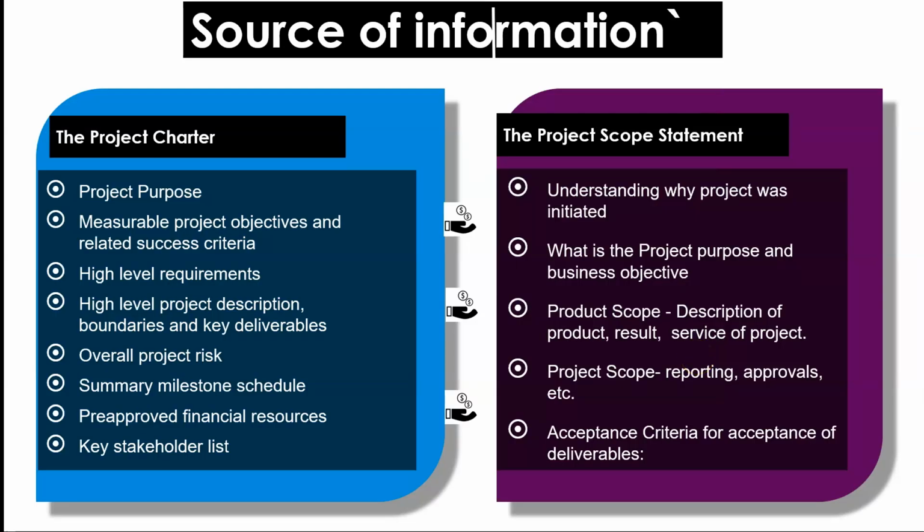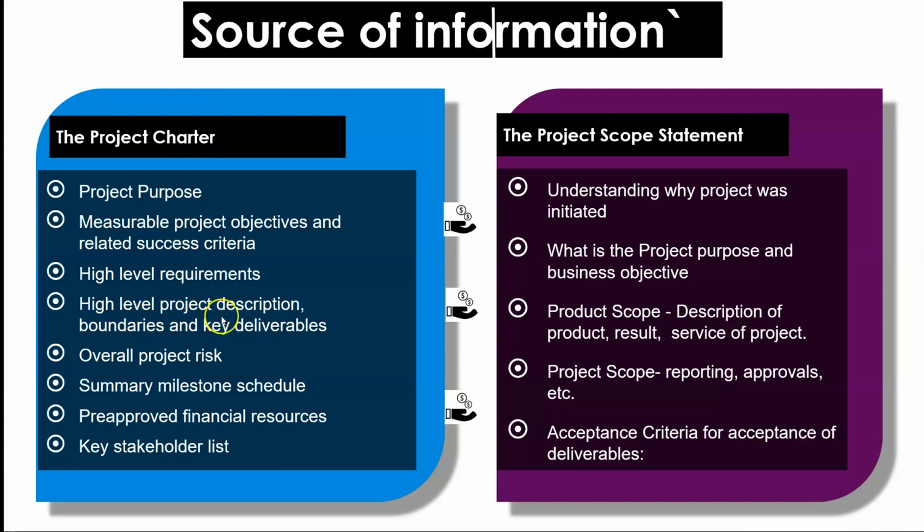So I thought it would be useful to put the charter next to the scope statement, because some people will want to know where we're getting the information for the scope statement. A lot of it comes from the charter, a lot of it comes from the requirements documentation. When we look at the charter, we're getting the project purpose, the objectives, the success criteria, high-level requirements.